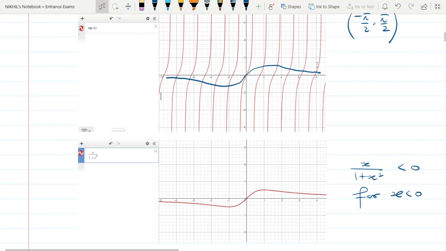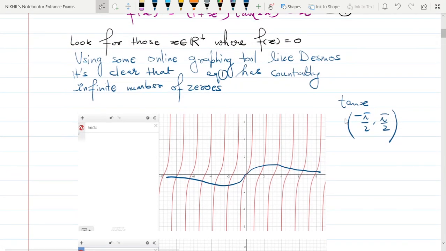It goes as close to 0 as possible on the right as well as on the left. So in between, there will be infinitely many intersections between the graph of tan 2x and the graph of x upon 1 plus x square over R plus, since I am looking only at the right side for the positive values.